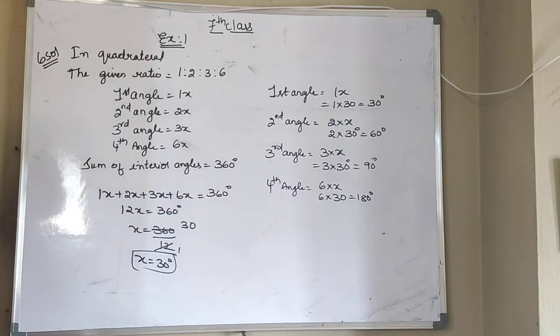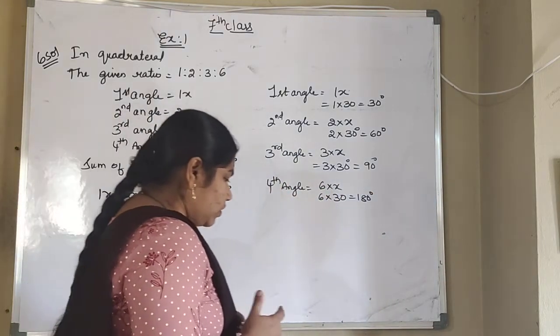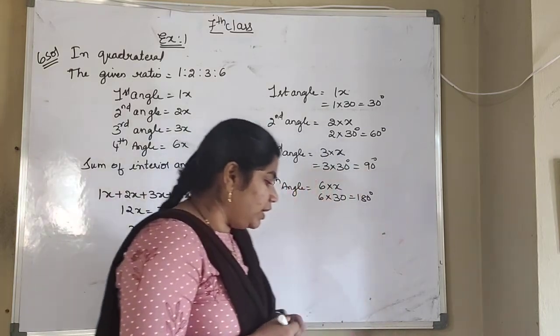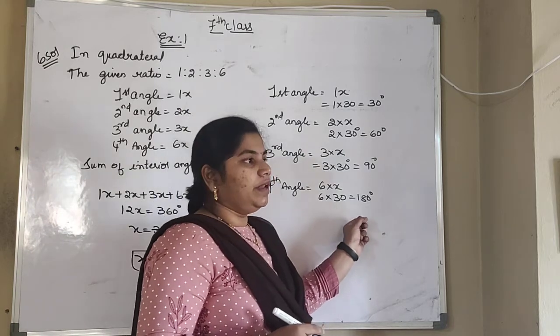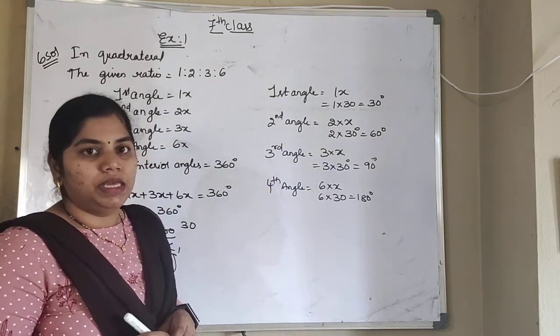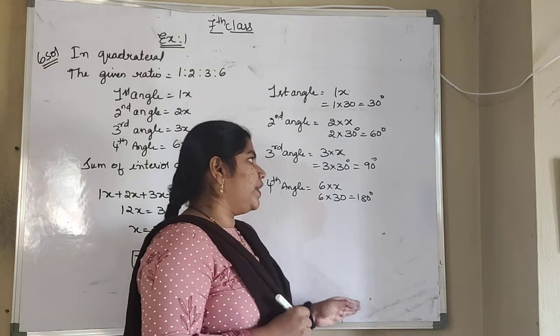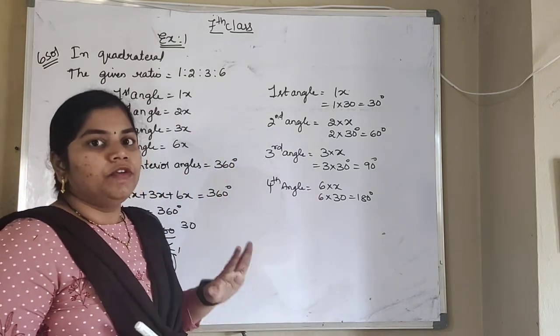Now, why will it not form? Why will it not form a quadrilateral? Because the last angle is equal to 180 degrees. That's why the quadrilateral will not be formed.